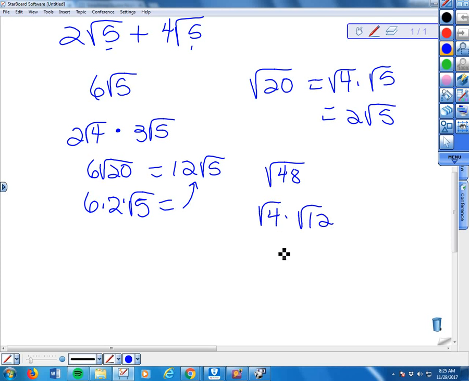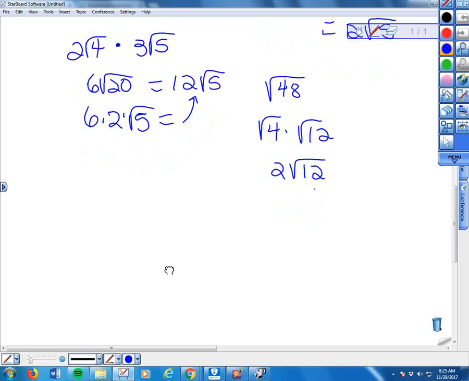This is 2 times the square root of 12. Is there a perfect square that goes into 12? Yep, so I can do 4 again. 2 times the square root of 4 times the square root of 3, right? And the square root of 4 is 2. So this simplifies to 4 square roots of 3.